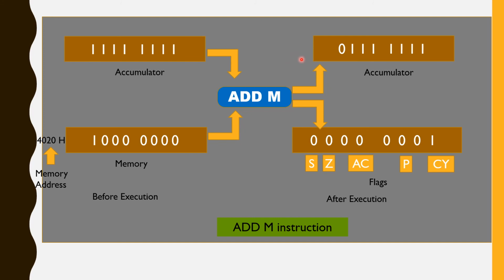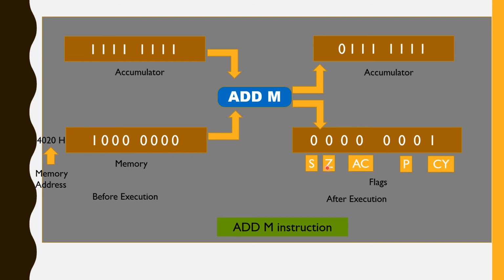So here the carry is generated. That's why the carry flag is set, and for the parity flag, an odd number of ones are there, therefore the parity flag is 0. And the auxiliary carry flag: either 1 plus 0 is 0 or 1 only, and carry is not generated to the next position, so the auxiliary carry flag is set to 0.